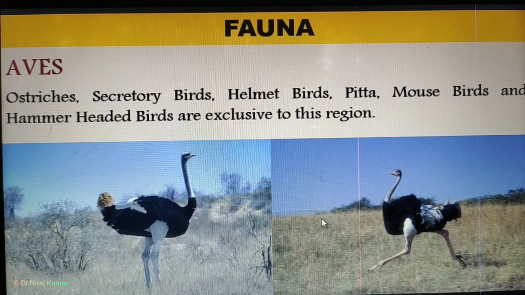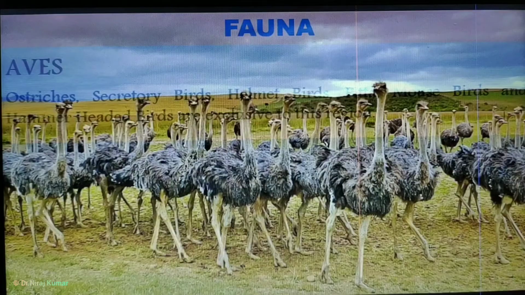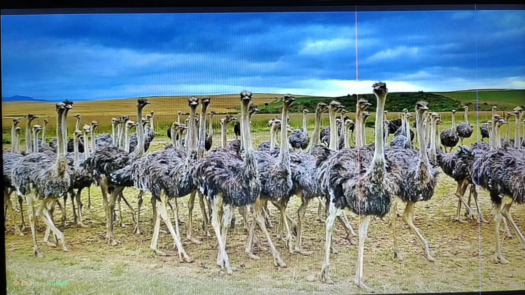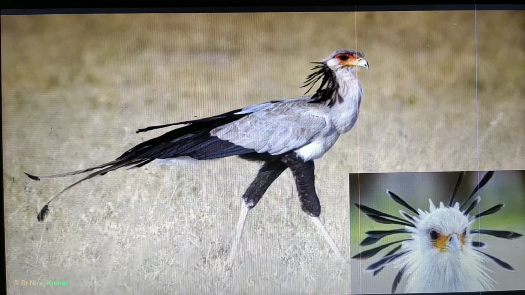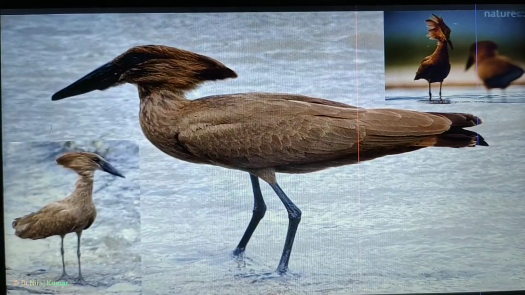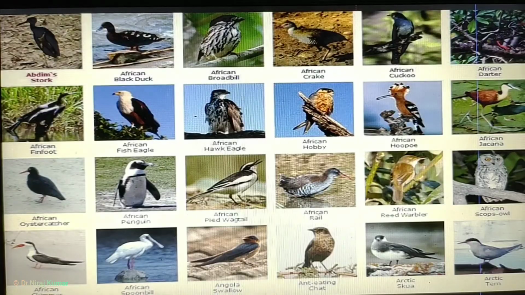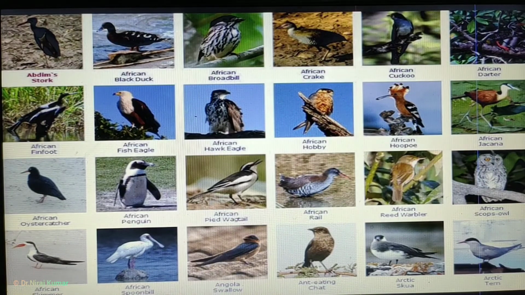This is ostrich, which is only found in Ethiopian region. These are largest birds, ostriches, secretary birds, hammer-headed birds, and some other birds of Ethiopian region you may see in figure.